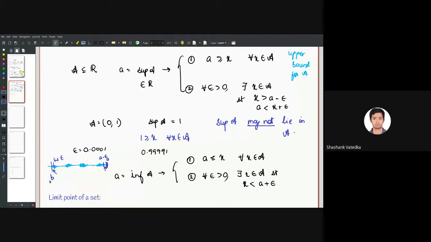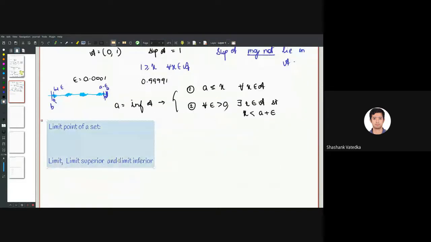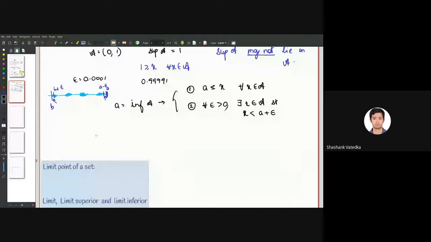So if the supremum over A lies in the set A, then we call it the maximum of A. And similarly, if the infimum lies in A, then we call this the minimum of A. So for any set A, any subset of the reals, every subset of the reals has a supremum and an infimum.